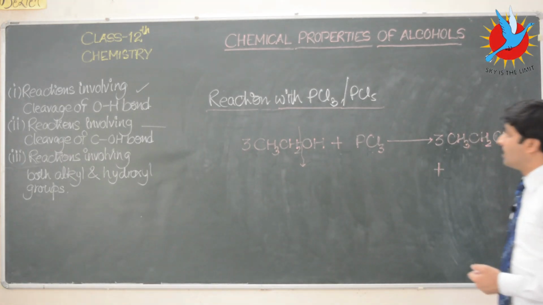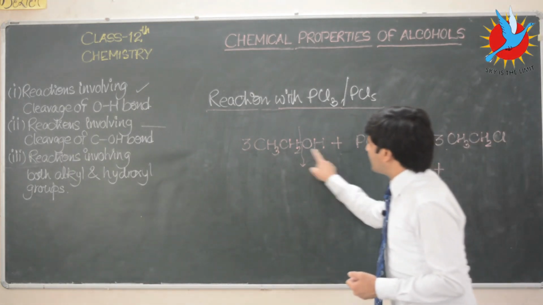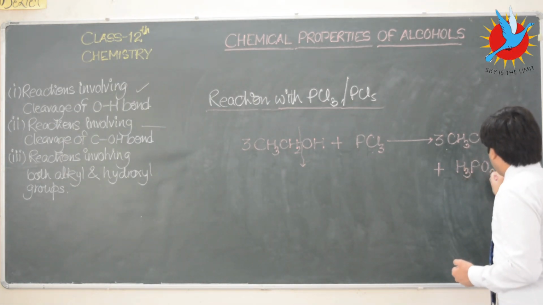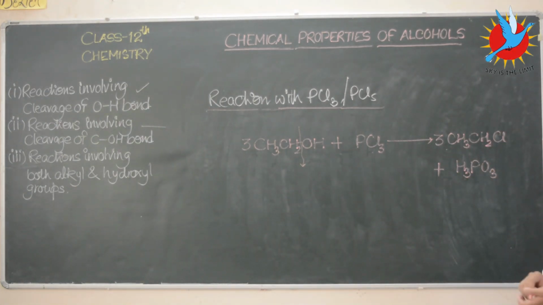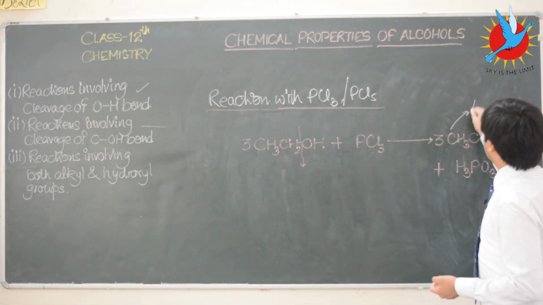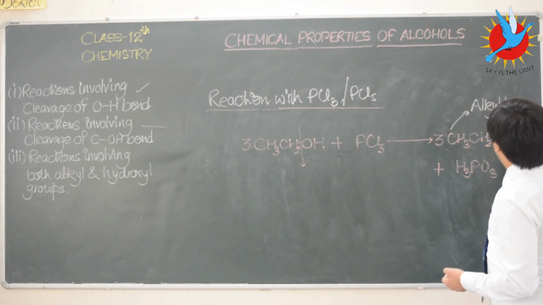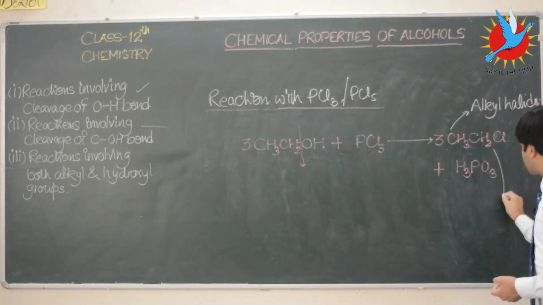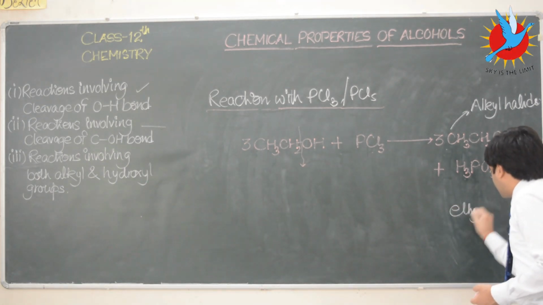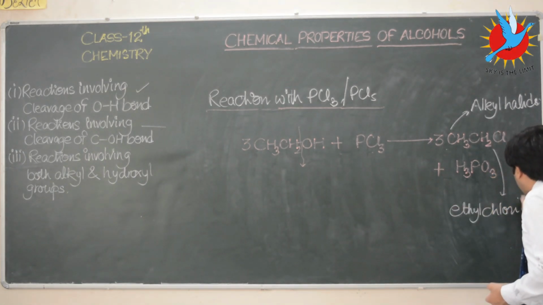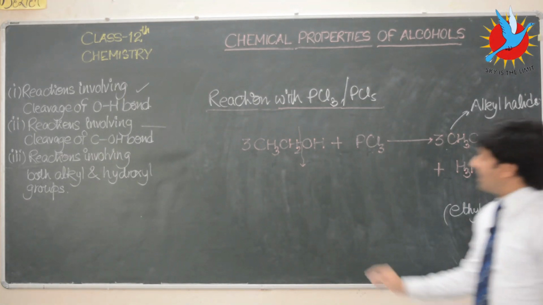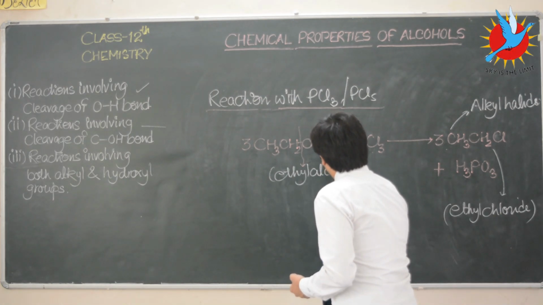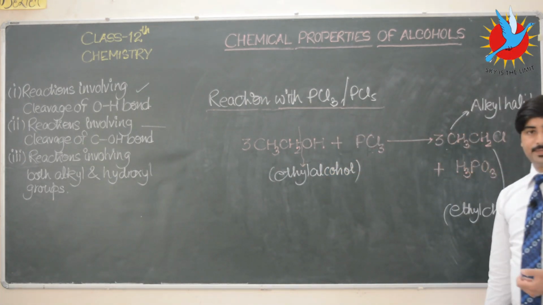Along with it, what we have is H3PO3, phosphorus acid, and again the product is a type of alkyl halide, and the name of this alkyl halide is ethyl chloride. So ethyl chloride is the product, while ethyl alcohol reacts with phosphorus trichloride.